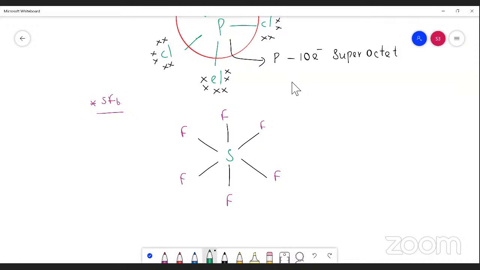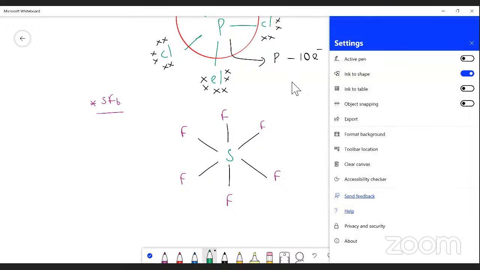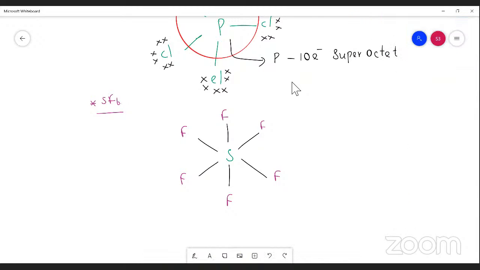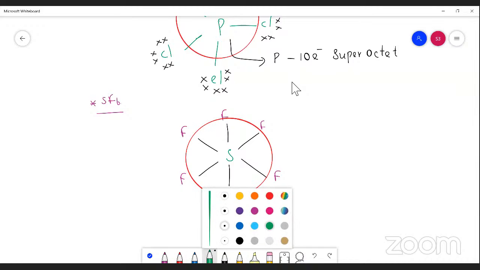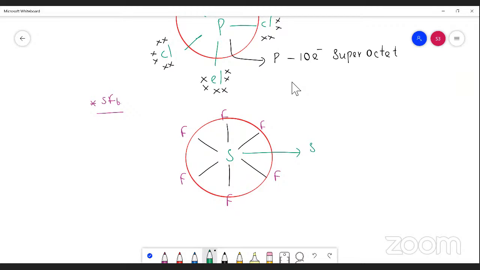Now, sulfur is surrounded by how many electrons? There are 12 electrons, correct? So sulfur is surrounded by 12 electrons, so that it is a superoctet.